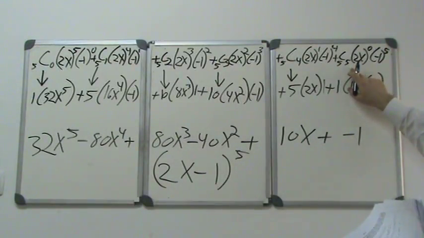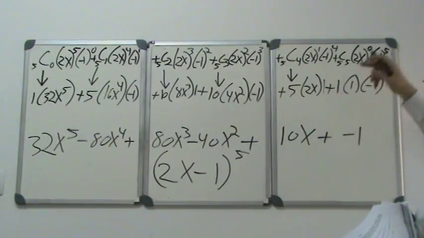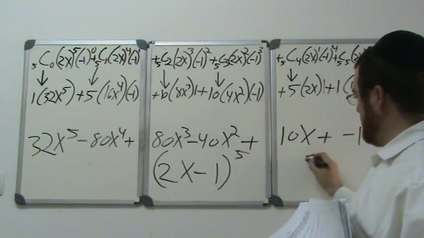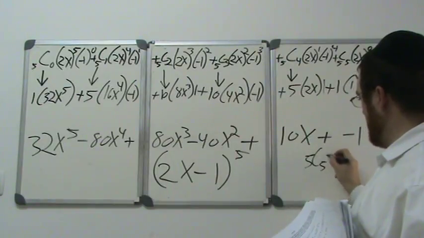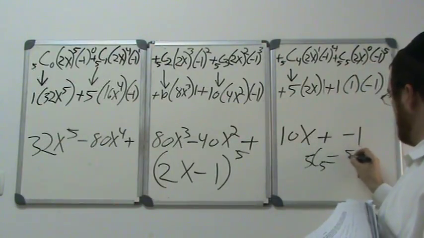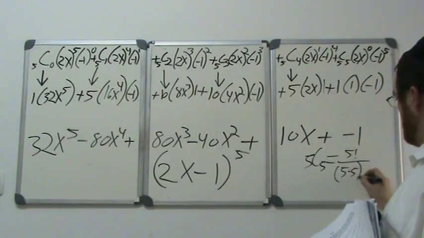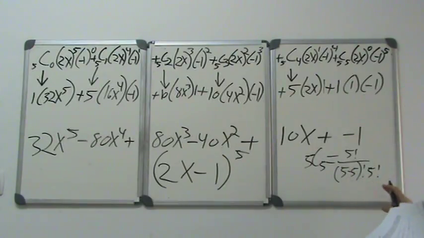Plus 5 combination 5 is 1. I'm just going to show you over here why it is that way. 5 combination 5 is equal to 5 factorial over 5 minus 5 factorial times 5 factorial. So 5 minus 5 is 0. When it's factorial, it becomes a 1.